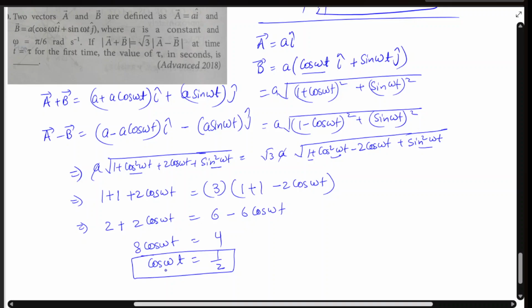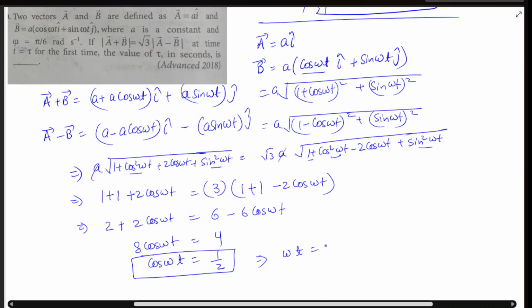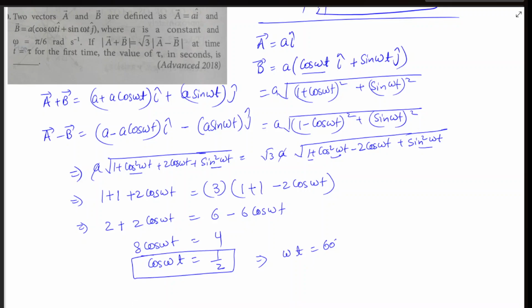So when does it happen? Omega t must be equal to 60 degree. Omega is given as pi by 6, which is 30 degree, right? So let me write it in radian. 60 degree in radian will be pi by 3.